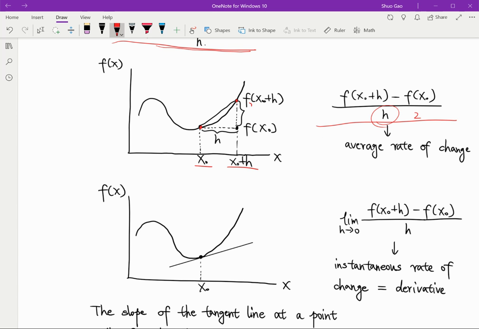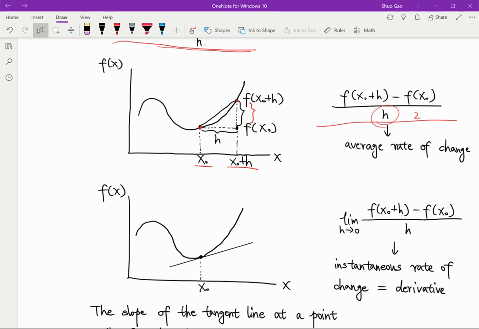The distance from here to here is the change of the function f. So this distance is f(x0 + h) minus f(x0). It shows the change of the function f from x0 to x0 plus h.